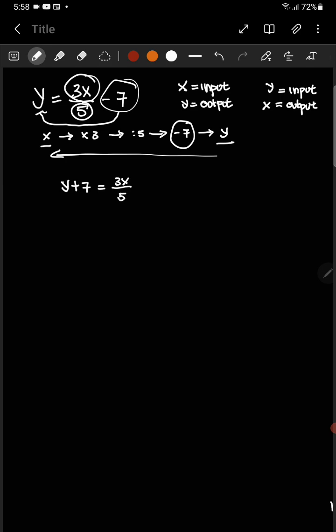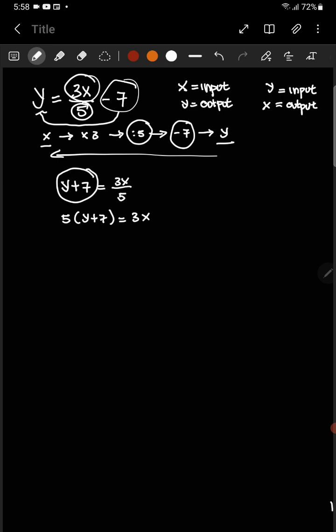And then the next one is divided by 5. What is the inverse operation of division? Multiplication, right? So after you add 7, all of them should be multiplied by 5. So I will say 5 multiplied by (y plus 7) is equal to 3x.